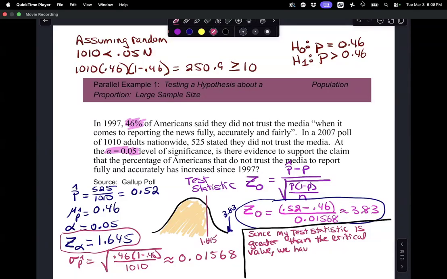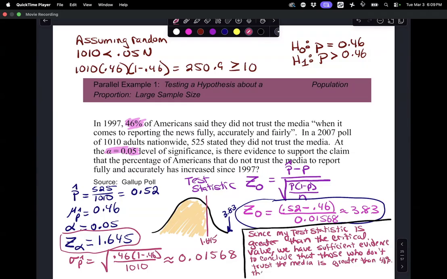I'm writing really small, sorry. Evidence to conclude that those who don't trust the media is greater than 46%.